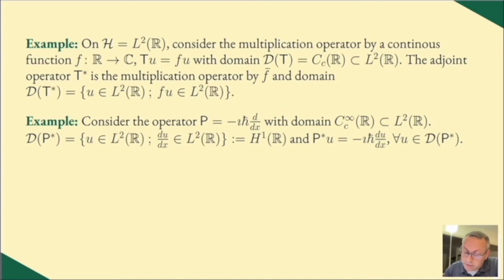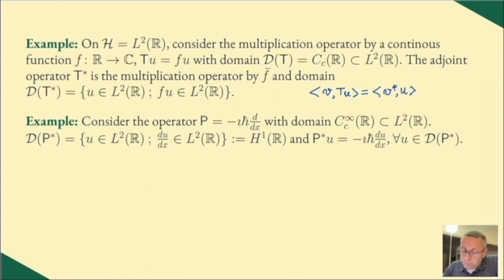In fact, we can be a little bit more explicit. So you see that if I write this condition, the condition that appears in the domain of T star, I'm looking for all the v such that I can write this inner product in the following way, right?